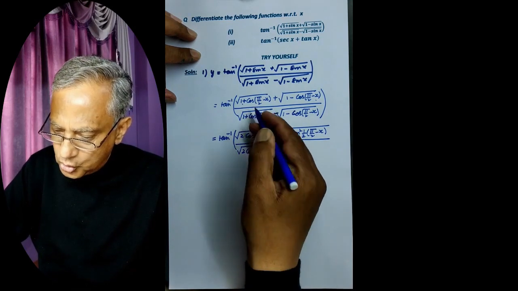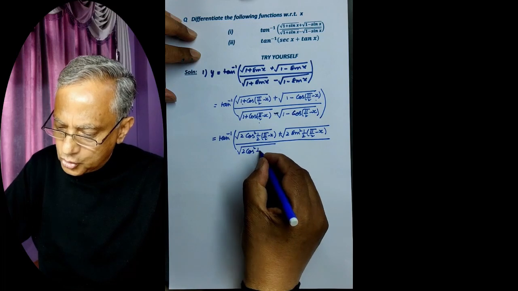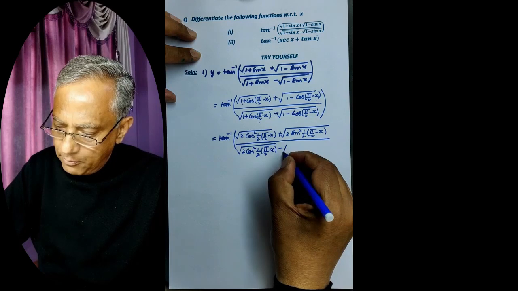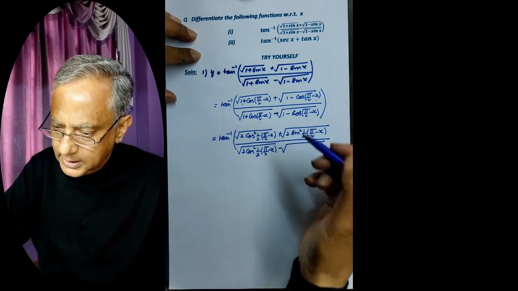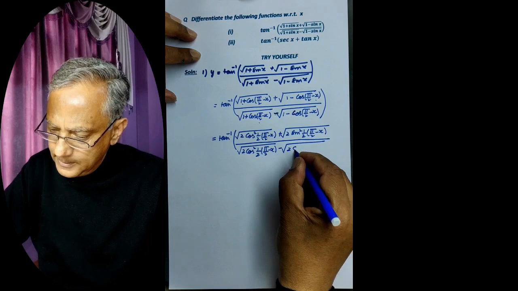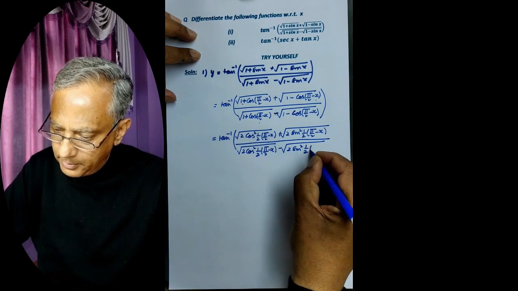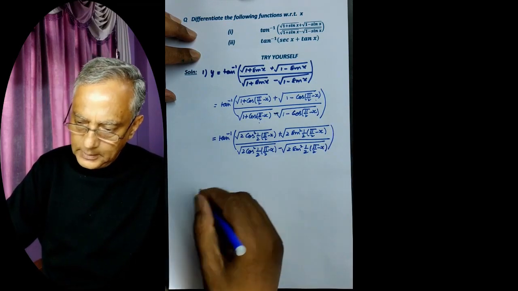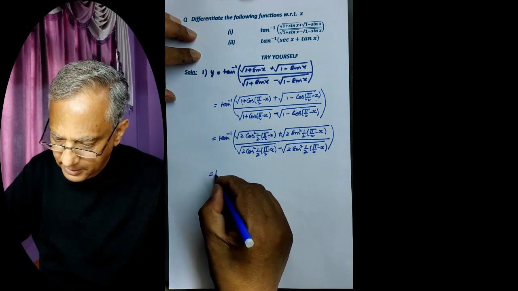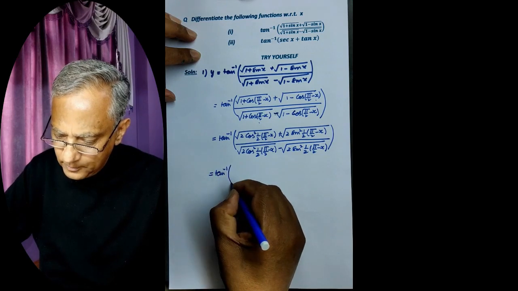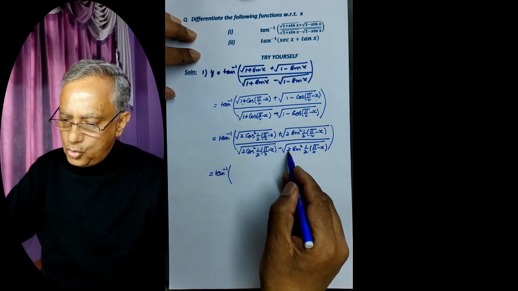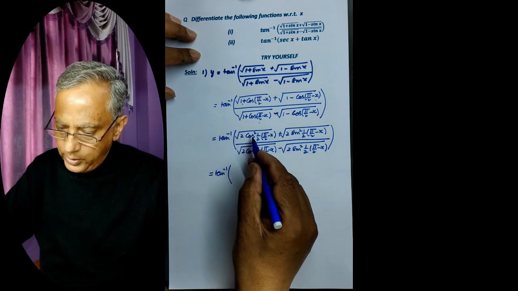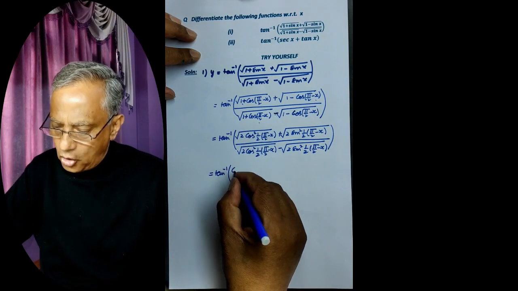This will be 2 cos square, again the same formula, 2 cos square 1 by 2 pi by 2 minus x, minus under the root. Now this and this are same, we can write this as 2 sine square 1 by 2 into pi by 2 minus x, and this can be written as tan inverse into, now root 2 is common throughout and cancels, and we are left with under root of cos square will be cos.